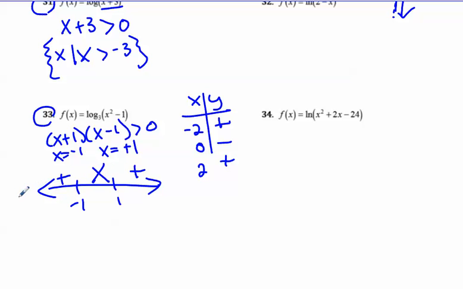So I can have negative infinity up to -1, not including it. And then +1 to infinity. Okay, and that is the end of the 3rd and 4th pages of your Day 1 notes.